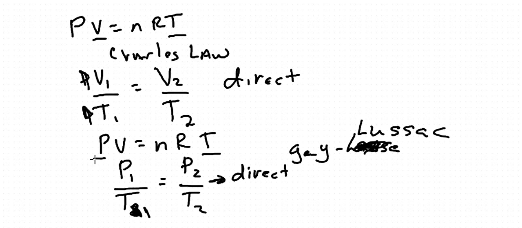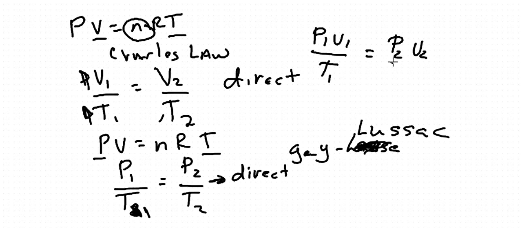When you take all three gas laws and the only thing that you hold constant is the amount of gas, then you get the combination law, which says that P1V1 over T1 is equal to P2V2 over T2. So they'll give you 5 of those numbers, and you'll have to solve for the 6th.